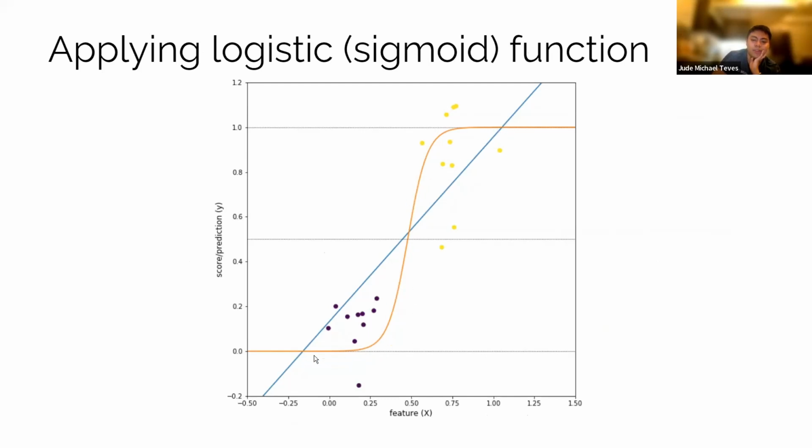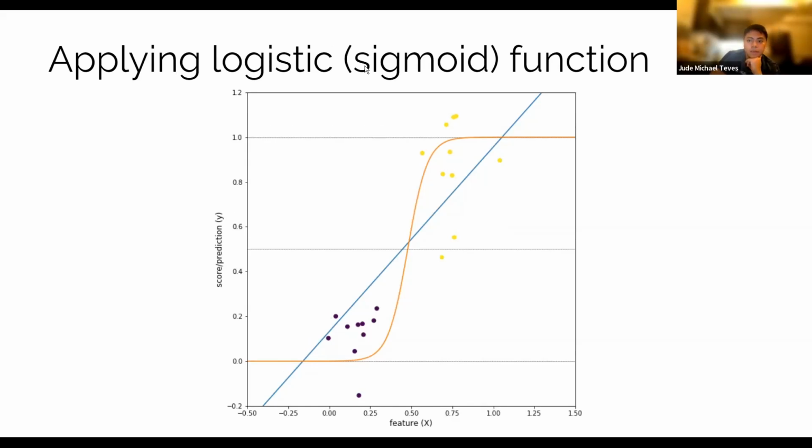So you end up with values ranging from 0 to 1, and your threshold is 0.5. And because of that, you have turned your regression problem into a classification problem. Thumbs up if you have understood what I have just said.